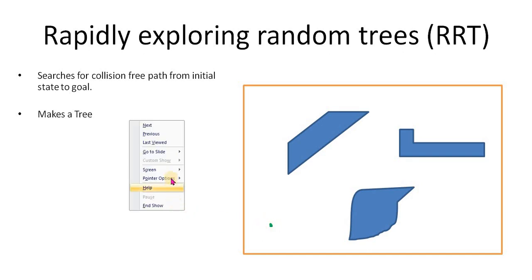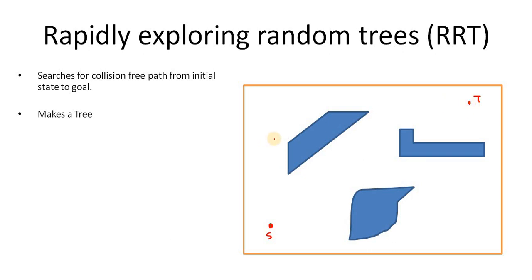Let me change the color here. So this is your start point, this is your target point here, and the main goal is to find the path avoiding the obstacles that reaches your target location.